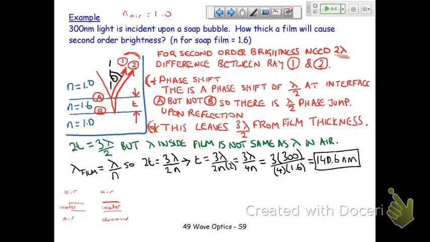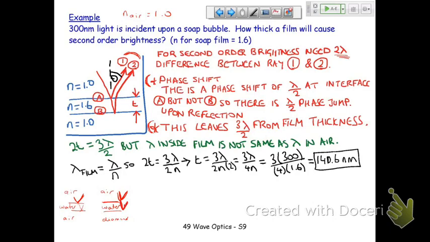Is there a phase shift when my wave goes through water and bounces off diamond? So in this case, I have a phase shift at the top and a phase shift at the bottom. They're both phase shifted, so they cancel each other out. The phase shift only matters when it occurs in one and not the other. So in this top one, there was a phase shift at the top, but not one at the bottom. In this next one, there is one at the top, but there's also one at the bottom.